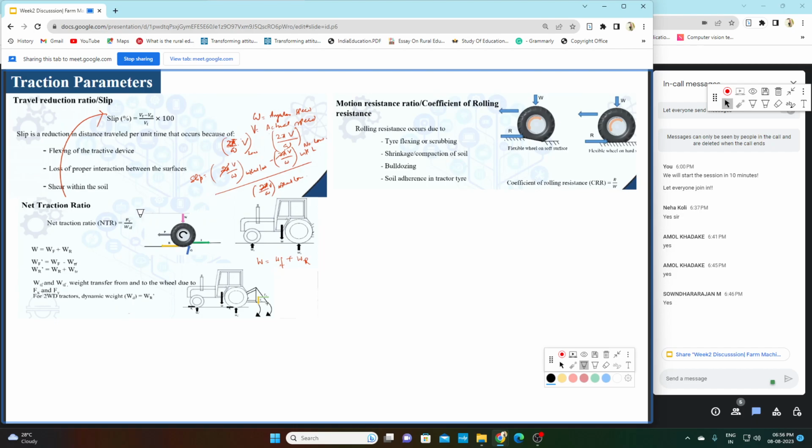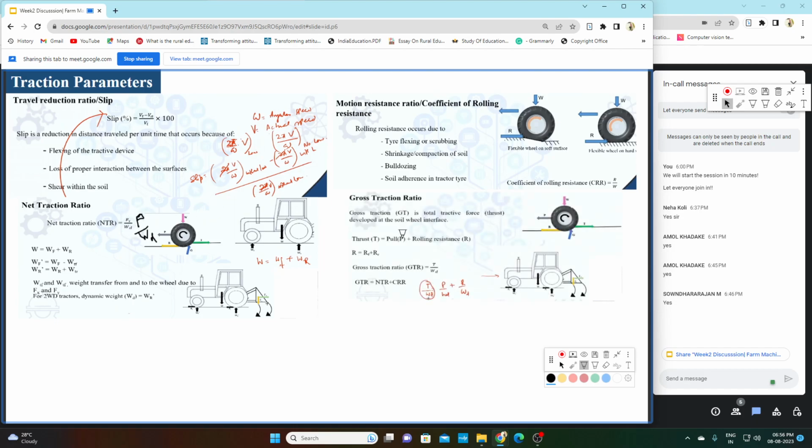So Fx divided by Wd is the net traction ratio, that is NTR. Net traction ratio is pull, pull in the horizontal direction, by Wd. That is your net traction ratio, or NTR.